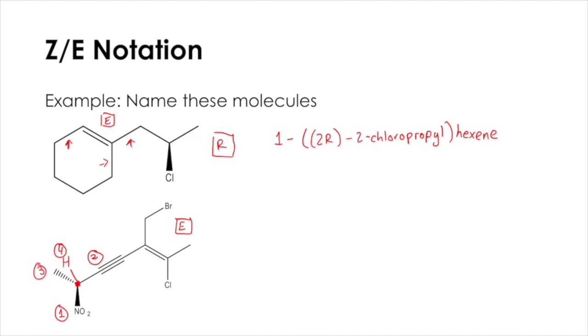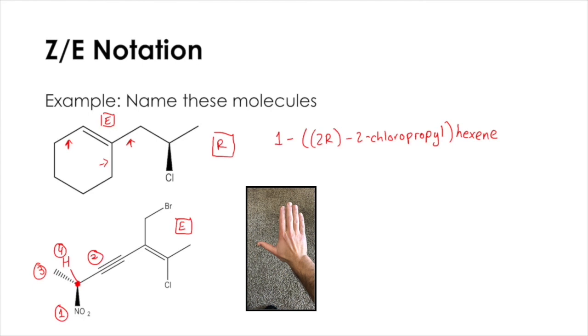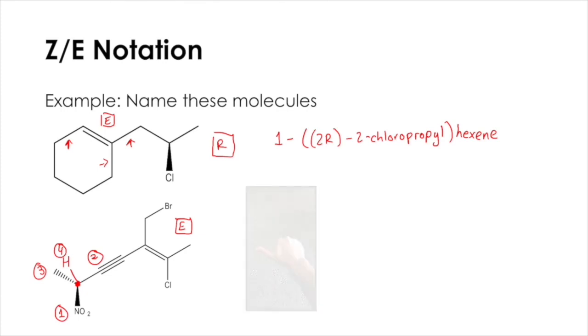Now you're basically sweeping from out of the board toward into the board. So if your thumb is in the plane of the board and it's facing left because the hydrogen is moving toward the left, then finger sweeping from out to in go on your right hand. So that carbon is right.